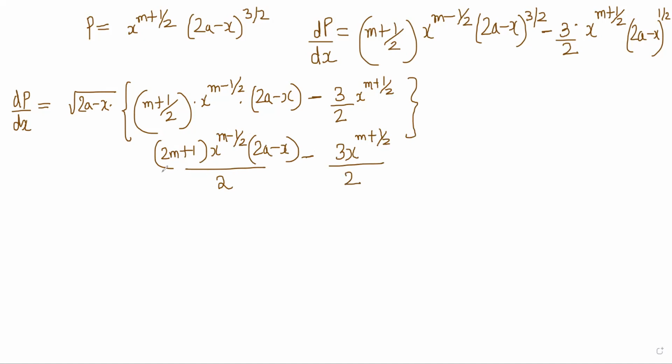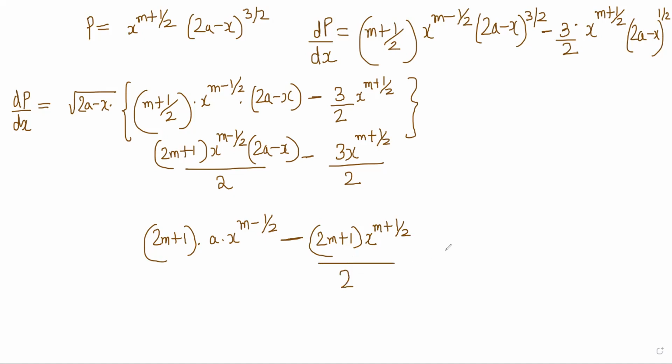So we get (2m plus 1) into 2a by 2, you get (2m plus 1) into a into x power m minus half, minus (2m plus 1) into x power m plus half by 2, and we get minus 3 by 2 x power m plus half, right?